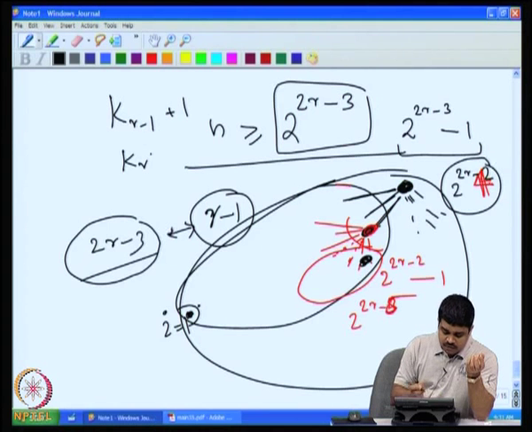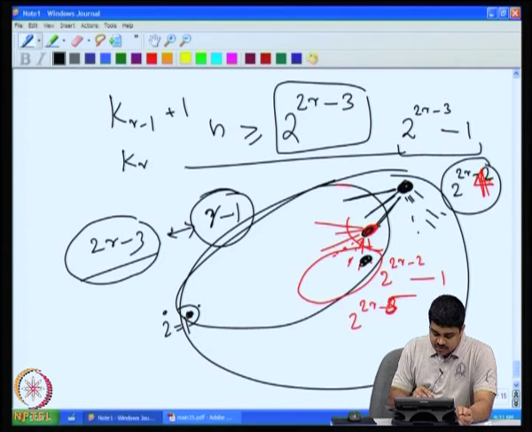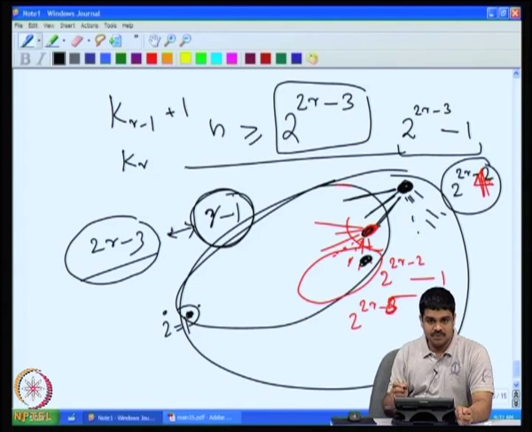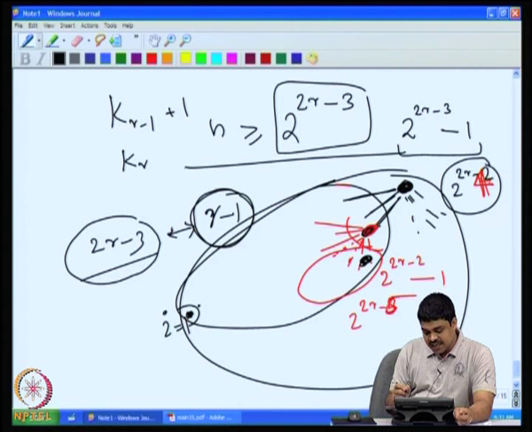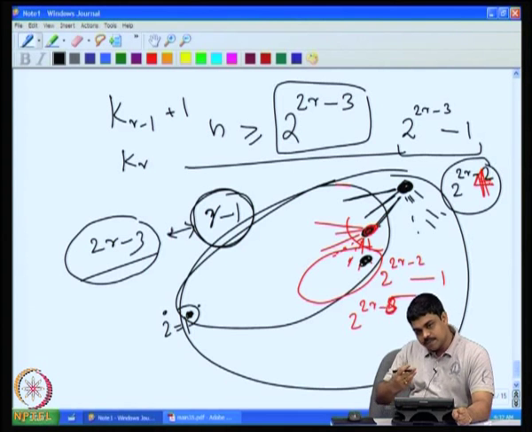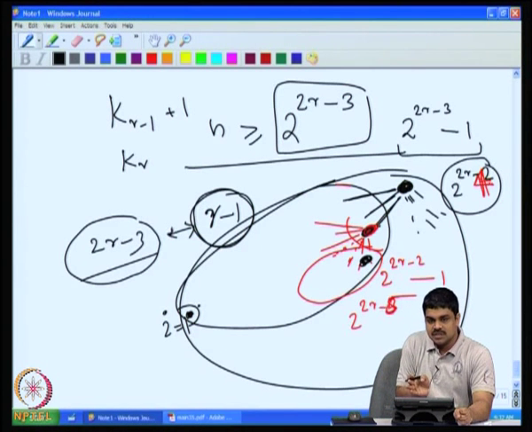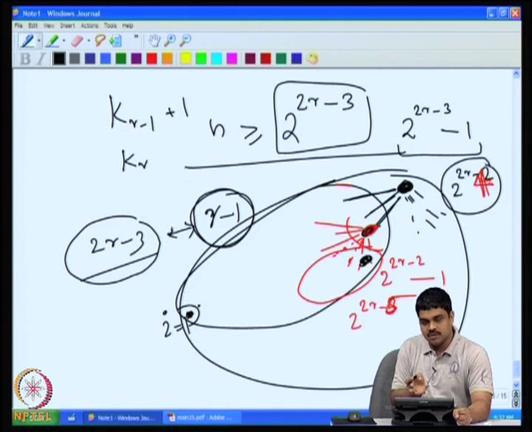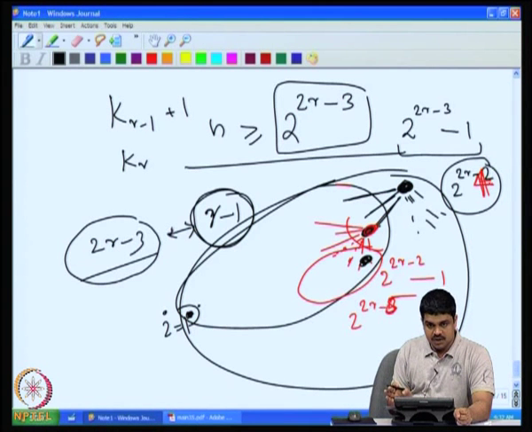On the other hand, if it so happens that these r minus 1 vertices belong to the other type, it means each time they were selected, from the remaining vertices, when we categorize them based on neighbors and non neighbors, the non neighbors were higher.